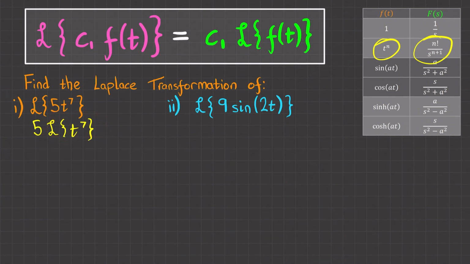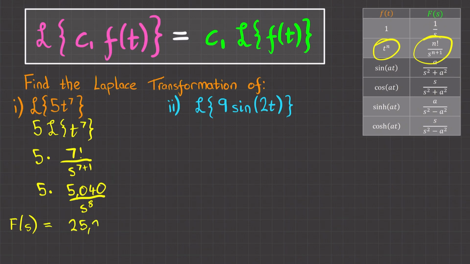So t to the 7 becomes 7 factorial over s to the n plus 1, or s to the 7 plus 1. And this has all been multiplied by 5. This is then 5 lots of 5040 over s to the 8. And our final answer, f of s equals 25,200 over s to the 8.